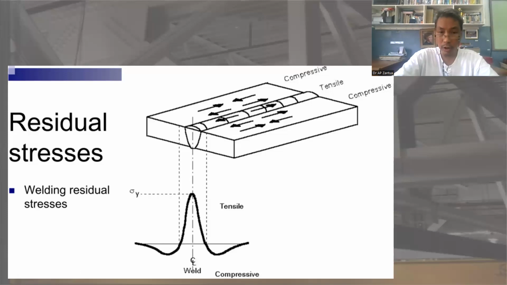It looks like a cosine wave, a damped cosine, which is symmetrical at the center of the weld.